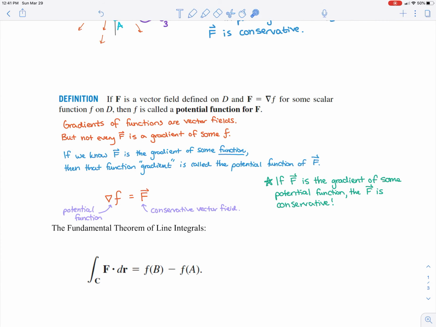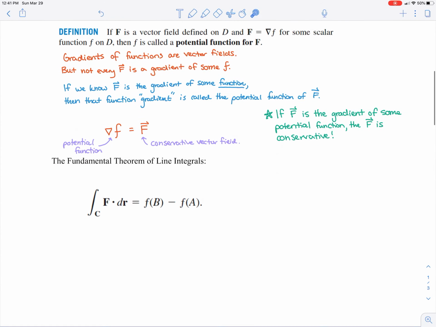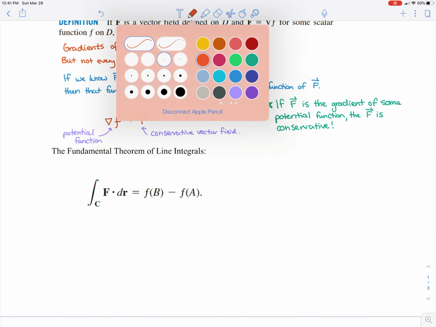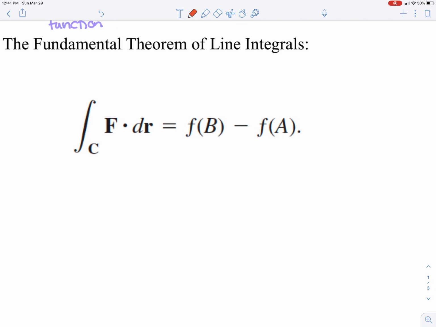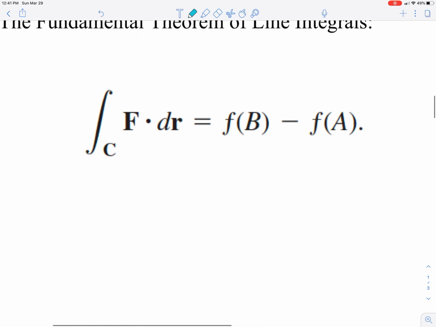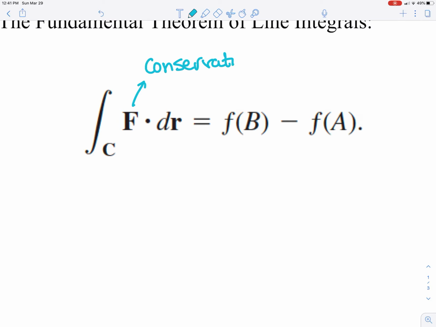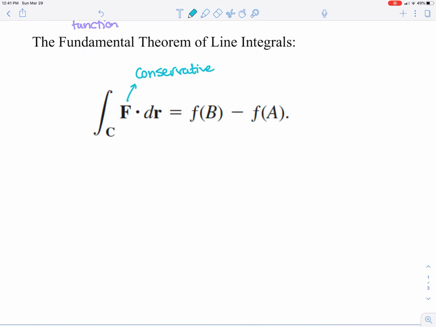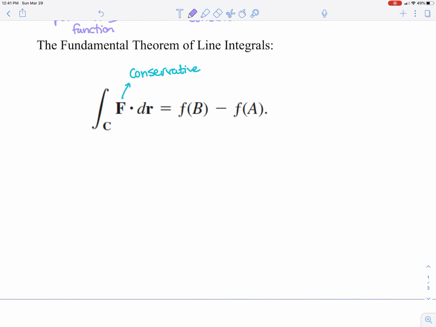And so that leads us really nicely into the fundamental theorem of line integrals. It says that if you have a line integral through a conservative vector field, so this has to be conservative, then the line integral is just equal to the difference between the potential function evaluated at the end and beginning points.